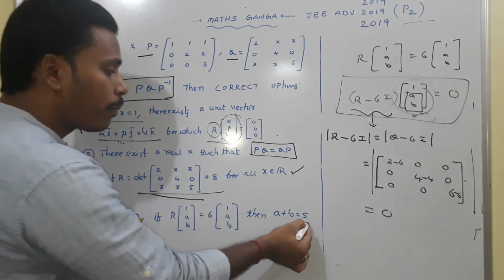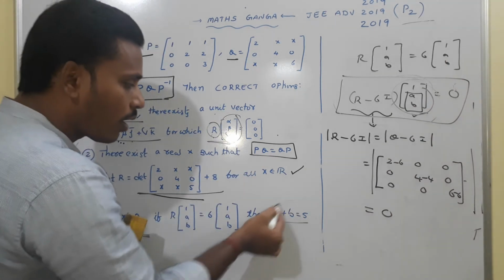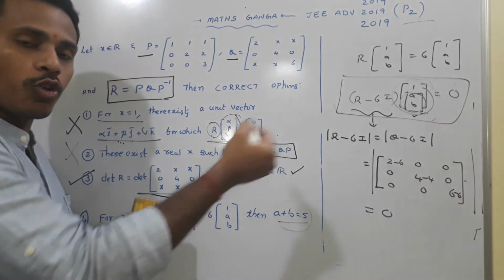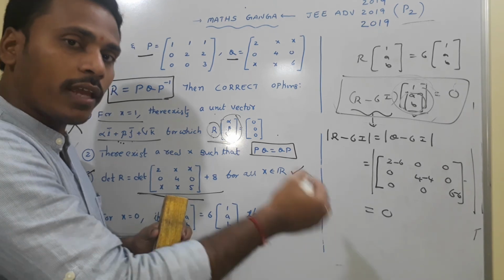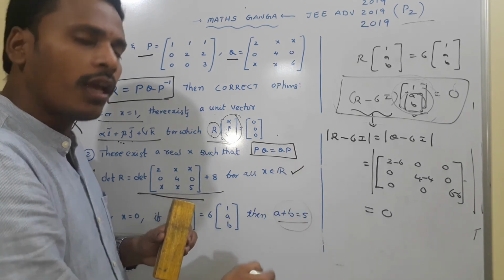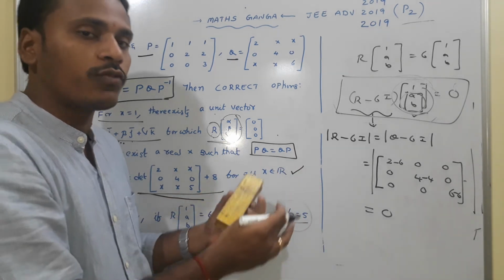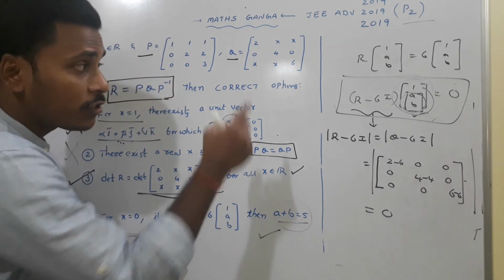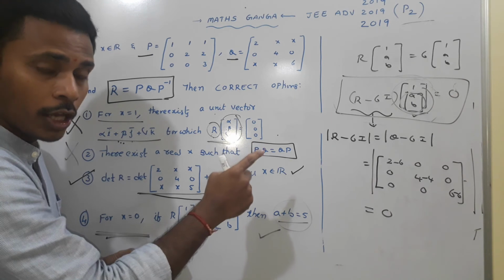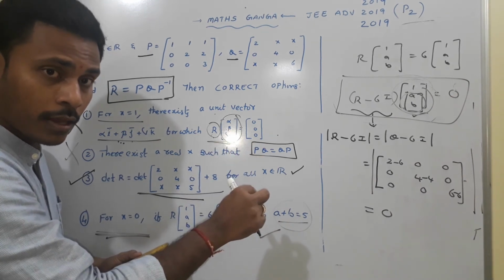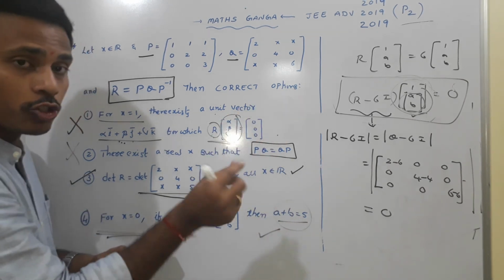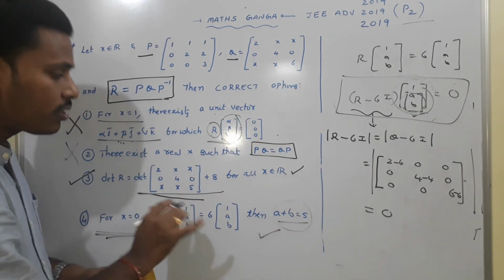Also they mention here that a plus b is equal to 5. This is one relation between a and b, and this is another relation between a and b. By solving these two relations involving the two variables a, b, we will get the value of a as well as the value of b. In that sense, this is a correct statement. Since we have a ratio between a and b, surely we will fix a such that a plus b is equal to 5, and to satisfy that ratio between a and b. Right? So this is a correct choice.